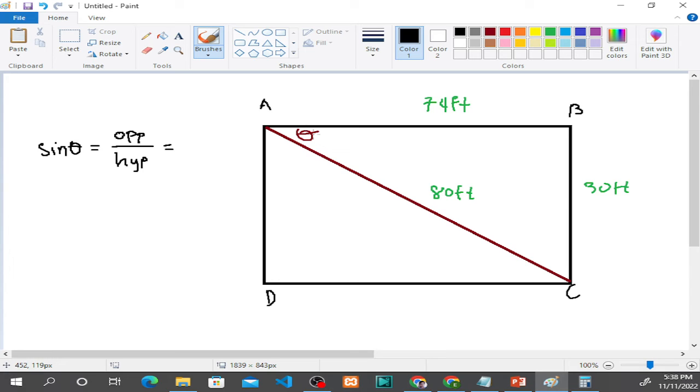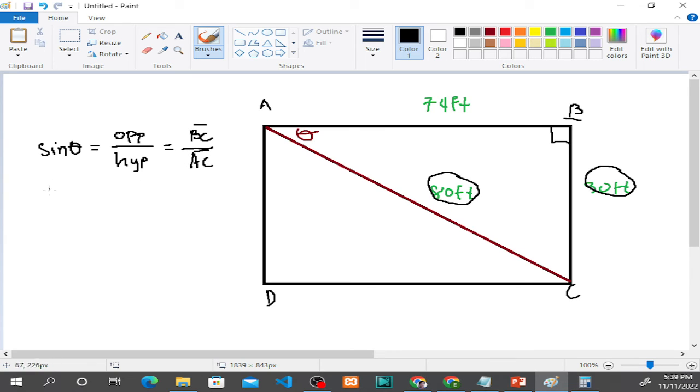So that's 30 feet, or side BC, all over the hypotenuse. The hypotenuse is the longest side and always opposite the right angle over here. So that's gonna be AC.